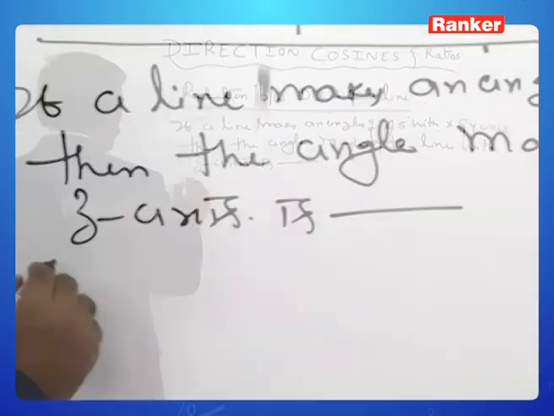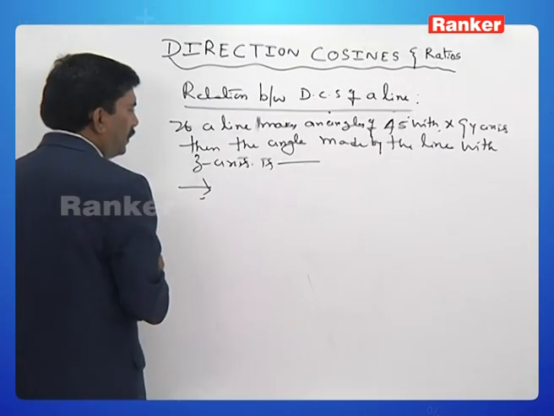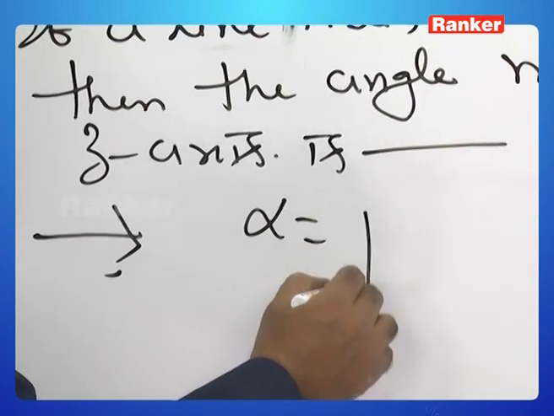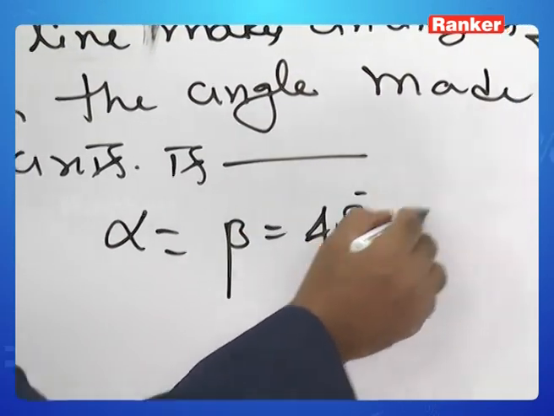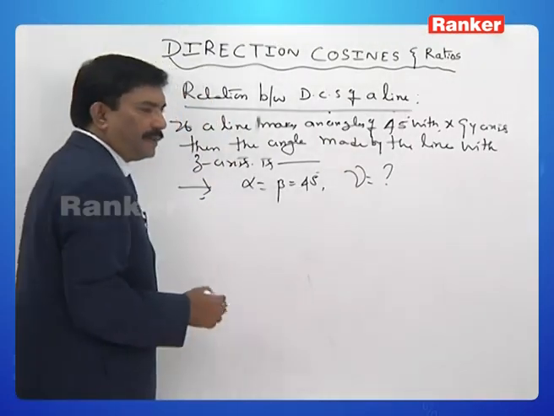Let us see what the solution of this one is. Now he has given alpha and beta is equal to 45. He is asking gamma is equal to question mark.